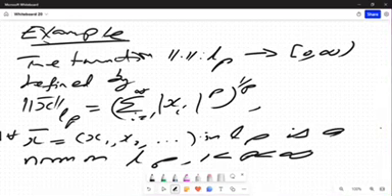Of course, you can show that this is a norm. N1 and N2 would be easy to show, but for N3, which has to do with the triangle inequality, you will encounter, just like when we are in L2 or R2 we encounter the Cauchy-Schwarz inequality, Holder's inequality to verify the triangle inequality.